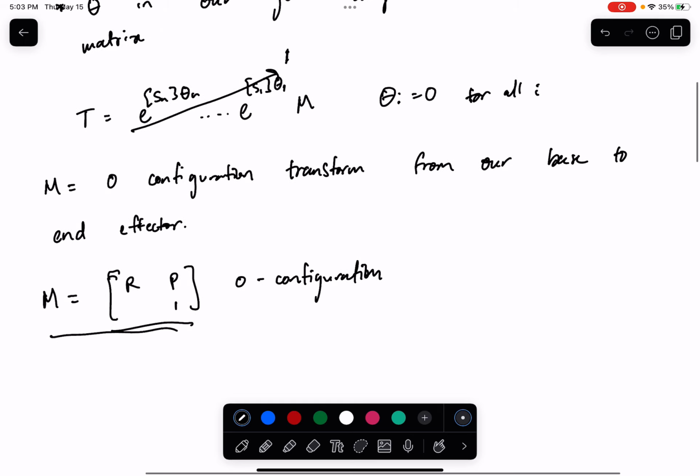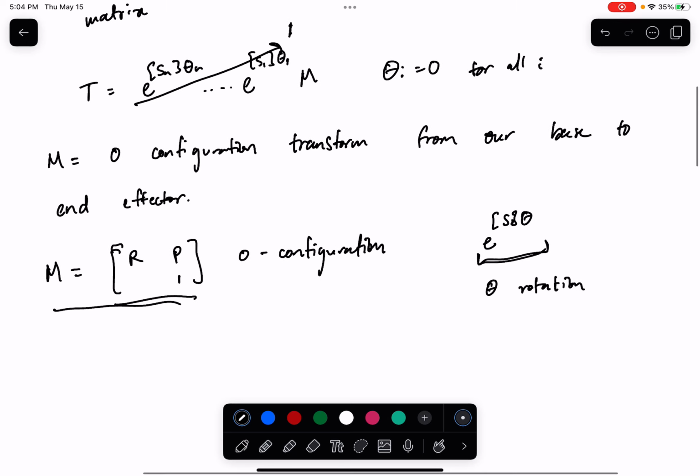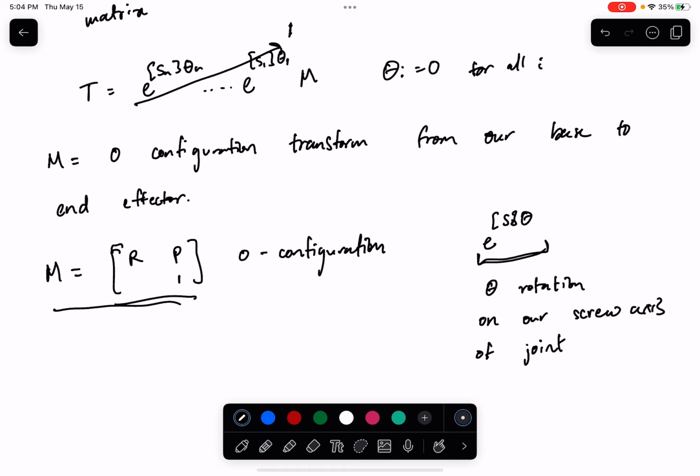Let's go a little bit more into detail on these terms. So essentially, what this term represents is a theta rotation on our axis, our screw axis of a given joint.